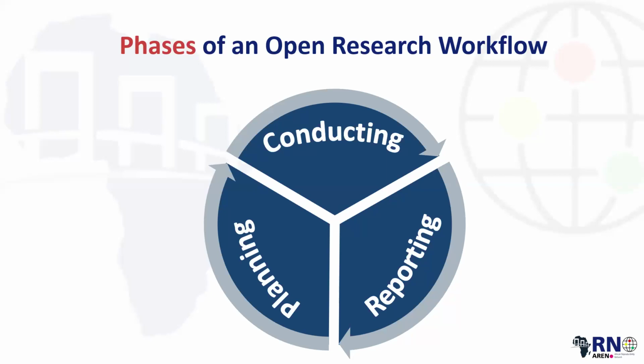So when you go and register this plan, this speaks volumes about you. It shows the general public that this person really knows what they're doing. They're not just doing things and discovering things as they go, and then changing the objectives of the research depending on what they have.